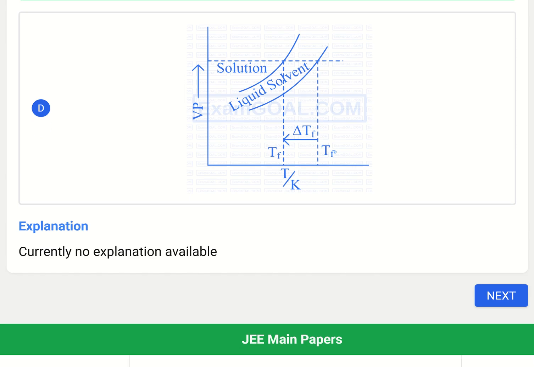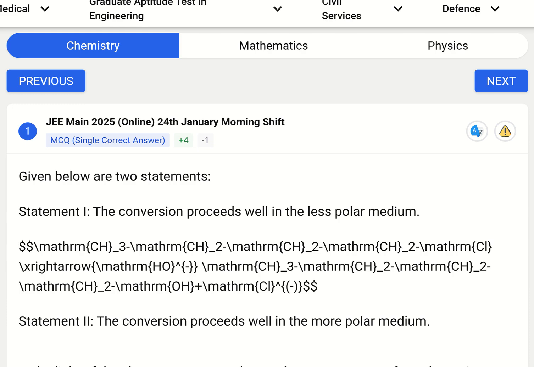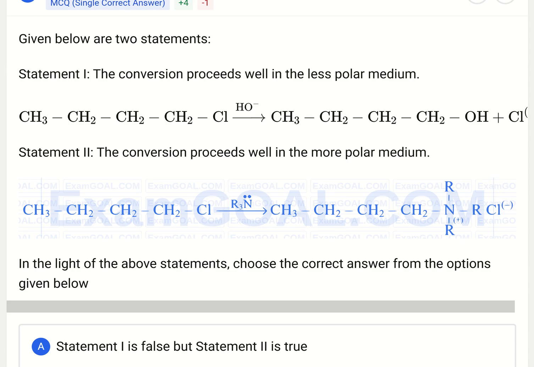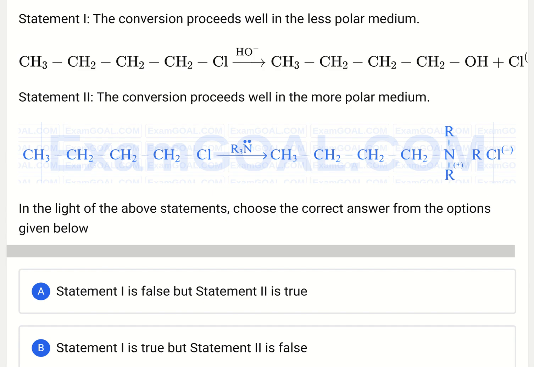So moving to question number 5. Okay, again a statement type question. The conversion proceeds well in the less polar medium. Okay, this is the nucleophilic substitution reaction, primary carbocation. Less polar means it is true. The conversion proceeds well in the more polar medium. Yes, it is true.